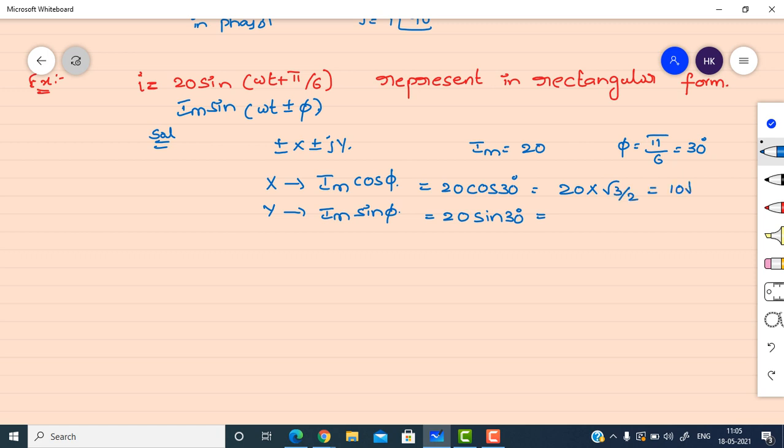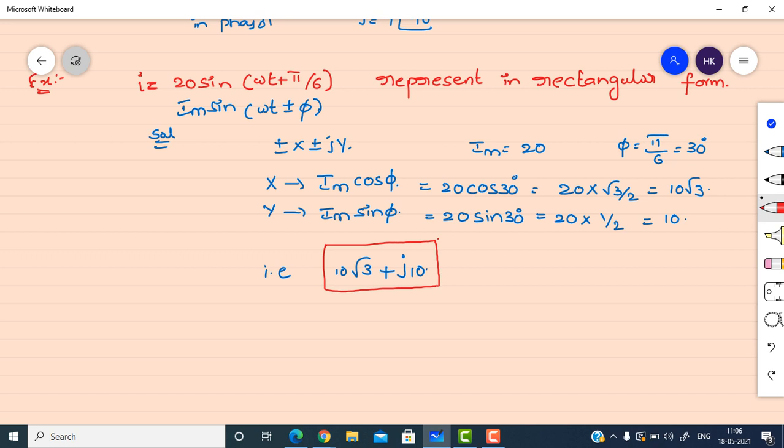So then it is 10 root 3. 20 sin 30: the sin 30 value is 1 by 2, so it is 10. So now your rectangular representation, the answer: the x component we got is 10 root 3 and the y component we got is plus 10. So plus j 10. This is the rectangular form representation for the given equation.